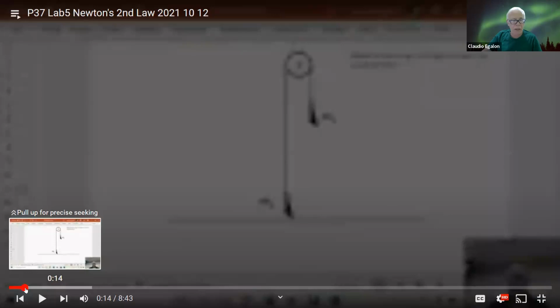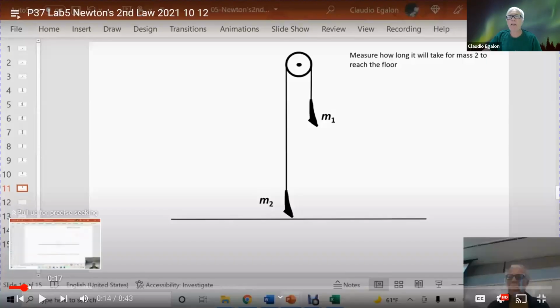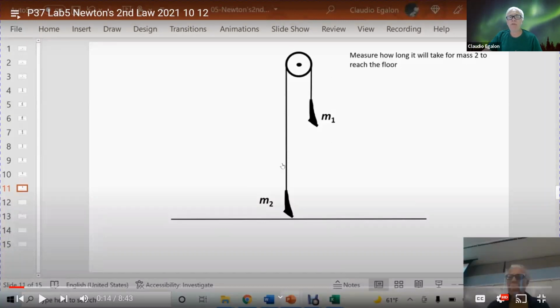Here you go. What we're going to do is an experiment on using what we call the Atwood machine. The Atwood machine looks just like that. It's a pulley with 2 masses connected by a string. Of course, there's a support for this pulley, right? And one mass has a larger mass than the other one. If mass 1 is greater than mass 2, the whole set is going to accelerate in this direction.